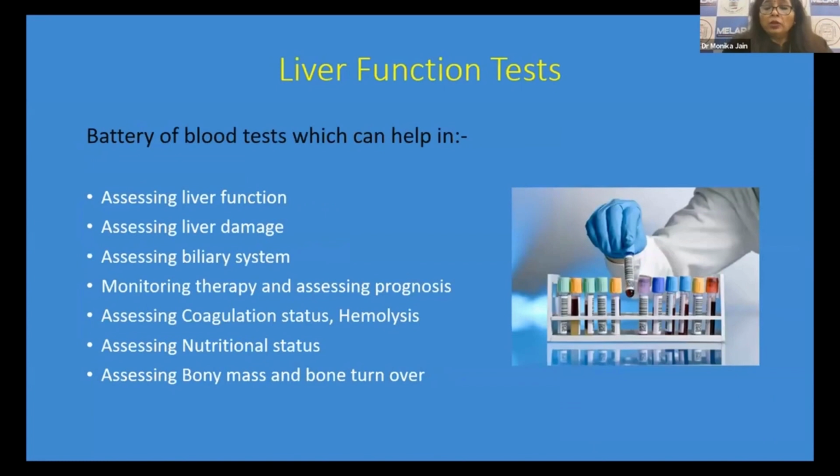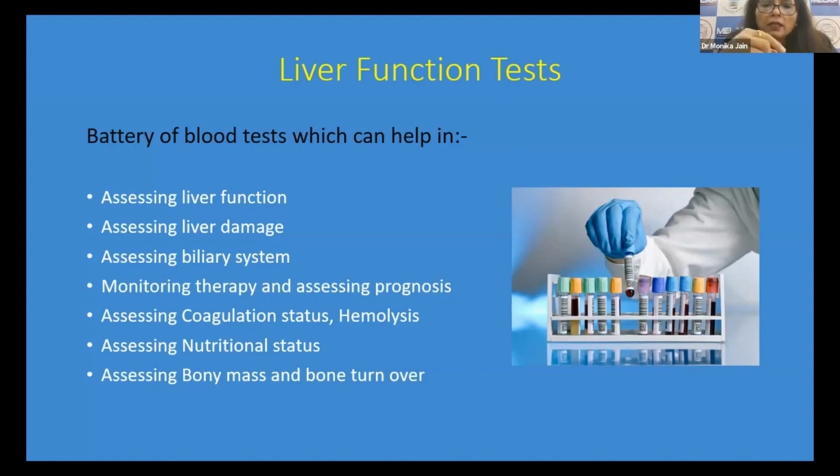liver. So it is very important to assess what are the different functions which we assess, and how do they help us? They help us to know the liver functioning, about the liver damage. The biliary system functioning can be assessed by LFTs. Many of the therapies we monitor by looking at LFTs, some drug monitoring, some clinical conditions monitoring.